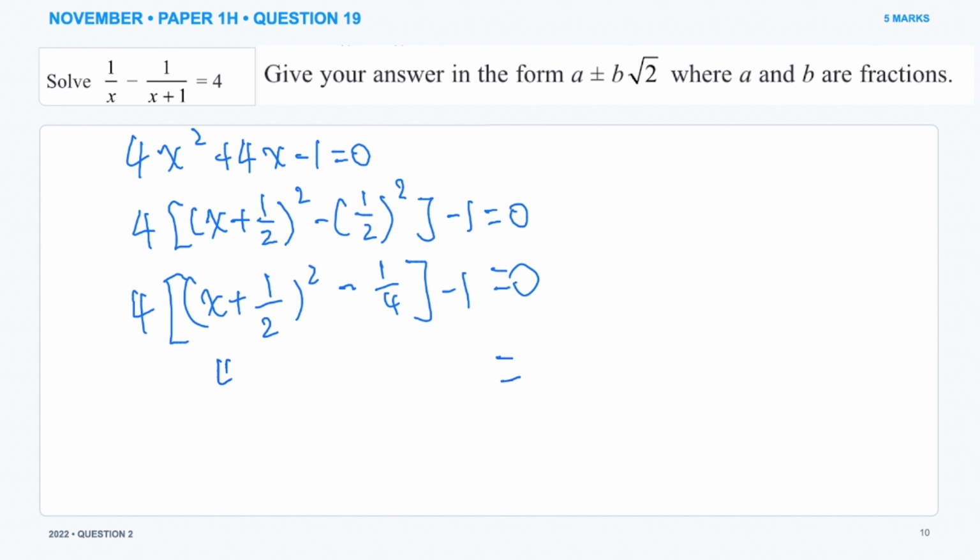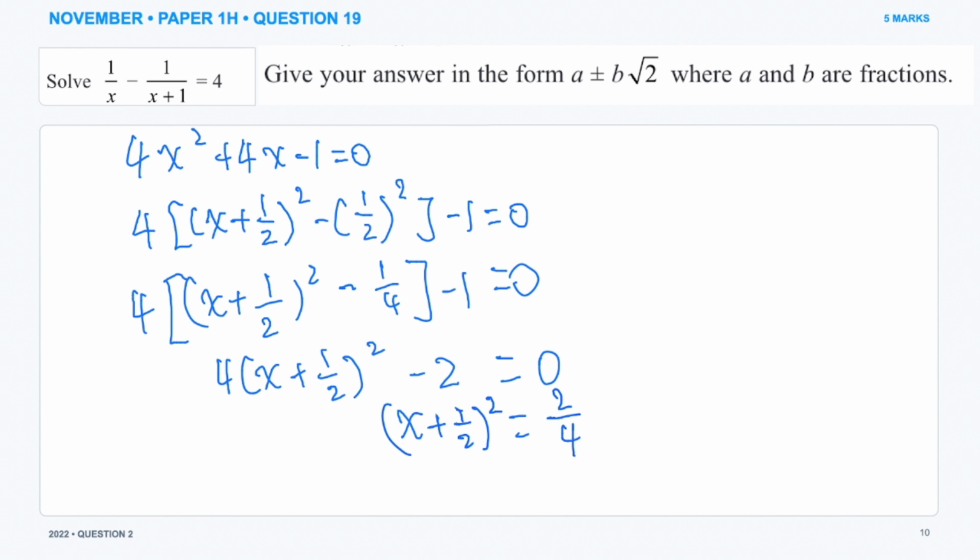So we're going to have this separately. Then we're going to have minus 1 makes minus 2. Add it over there and put the over 4. So we're going to have x plus 1/2 squared left. This one, we can simplify to 1/2. And we're going to square root it.